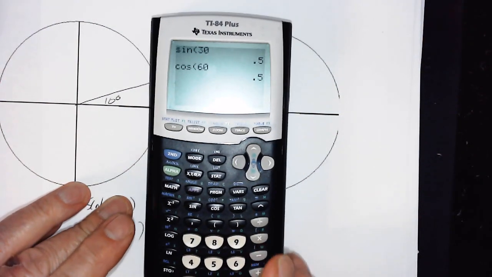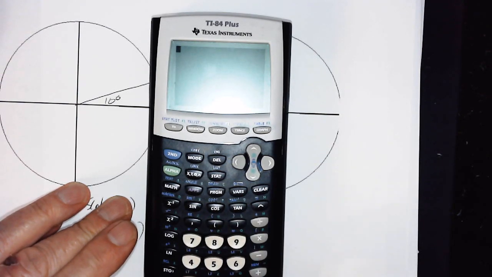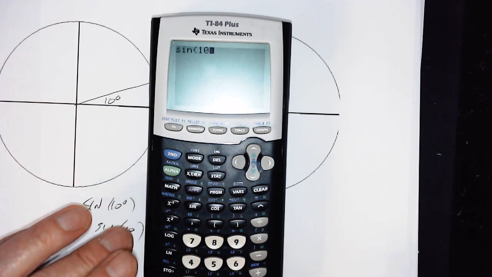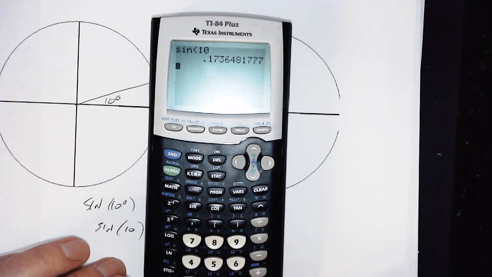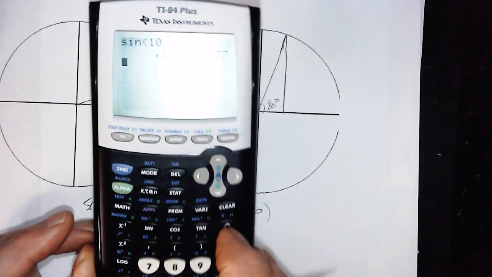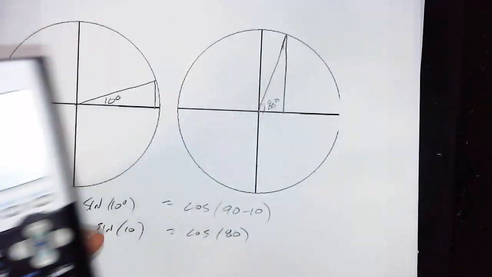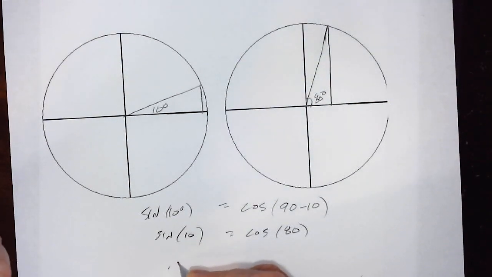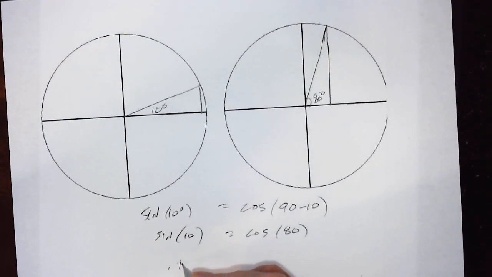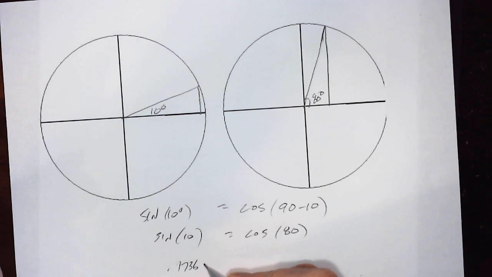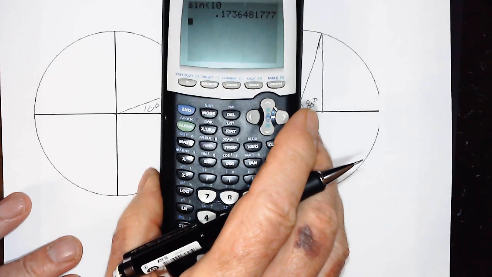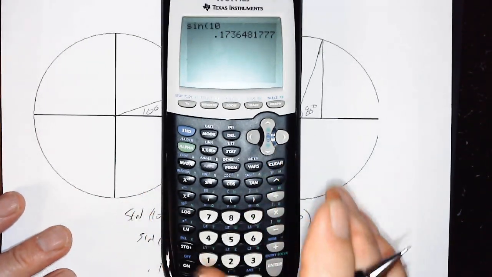So let's just look this up in the calculator and see what it tells us. The sine of 10 degrees is 0.173648. I'll write it down here. Now, let's check if that's the same as the cosine of 80.